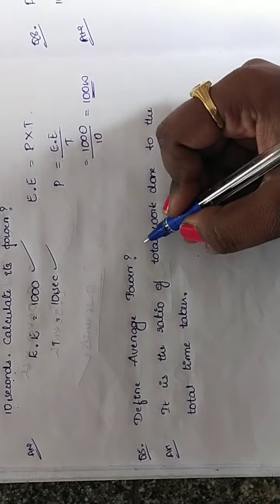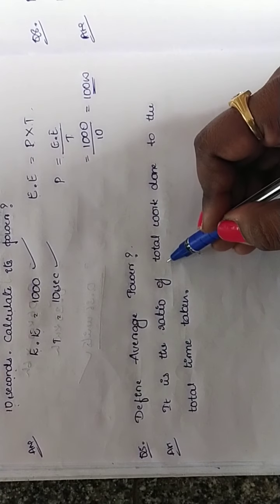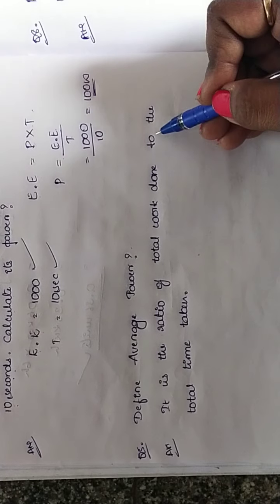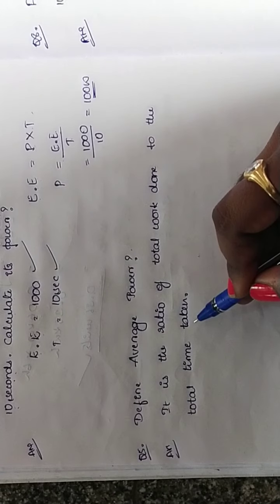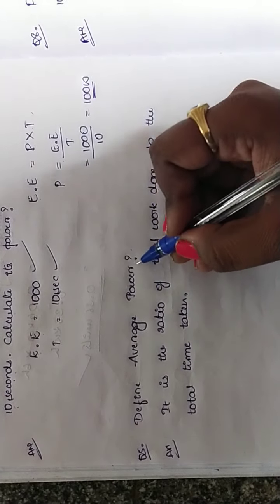And the next question we have here is: define average power. What do you mean by average power? Average power means it is the ratio of total work done to the total time taken. Okay, the question is define average power.